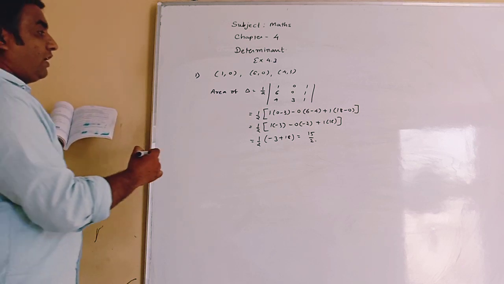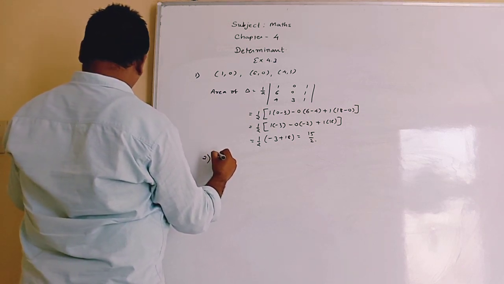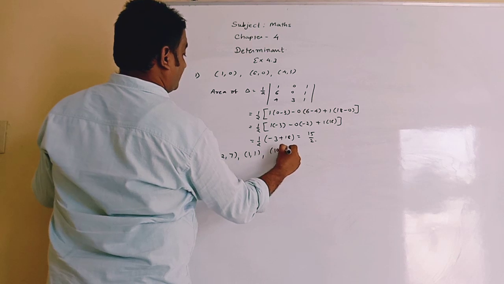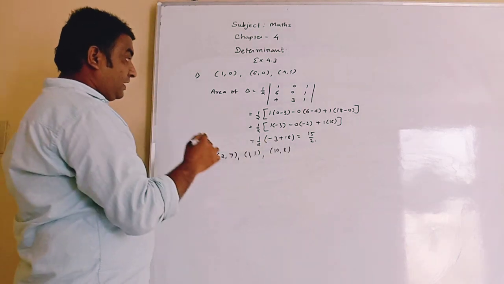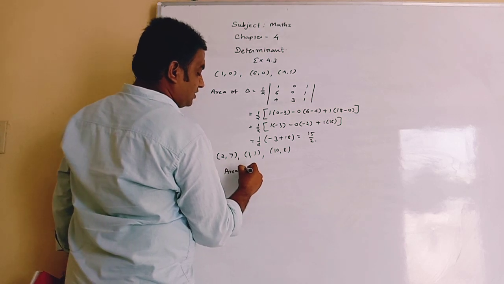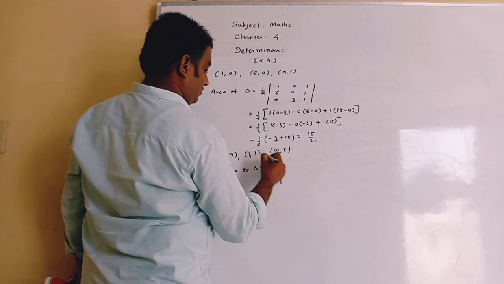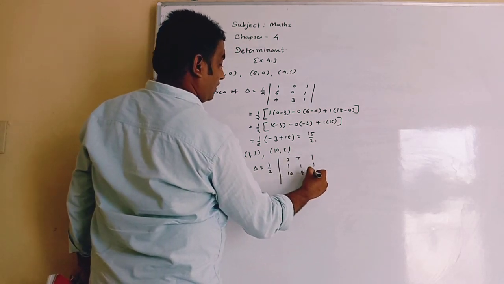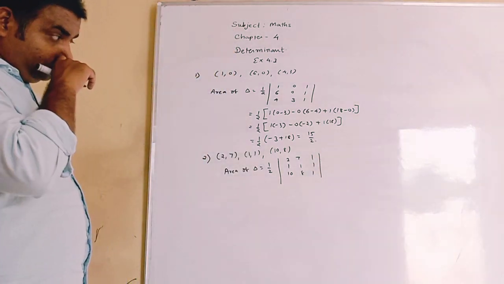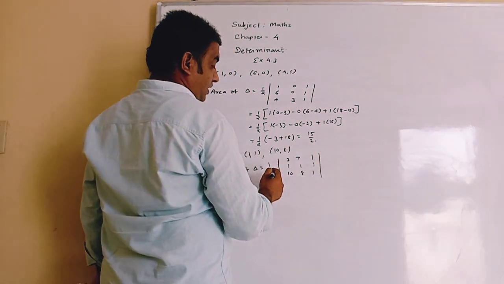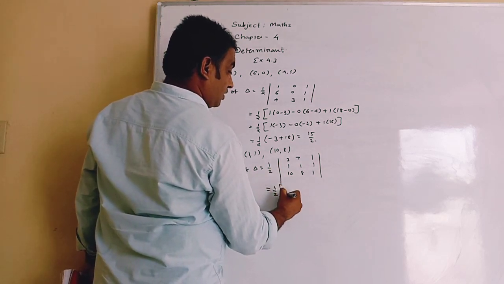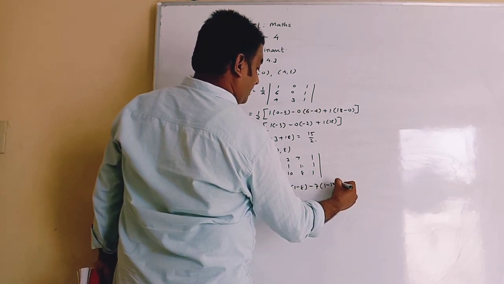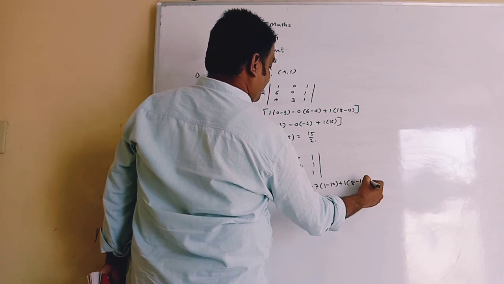The second question we have has vertices (2, 7), (1, 1) and (10, 8). So again we calculate the area. Area of triangle equals 1 by 2 into the determinant 2 7 1, 1 1 1, 10 8 1. Here we expand it: 1 by 2 [2 (1 minus 8) minus 7 (1 minus 10) plus 1 (8 minus 10)].